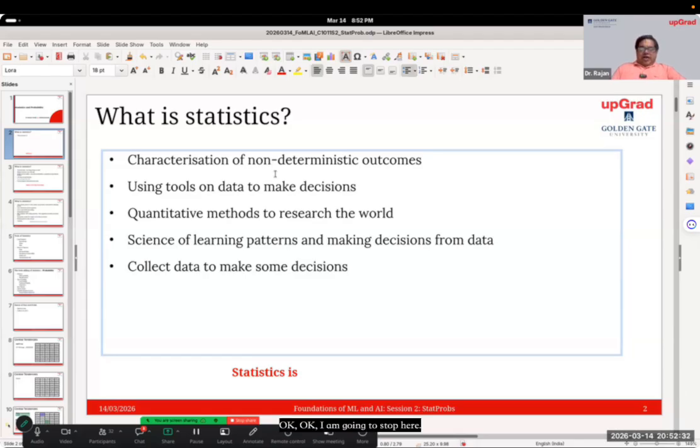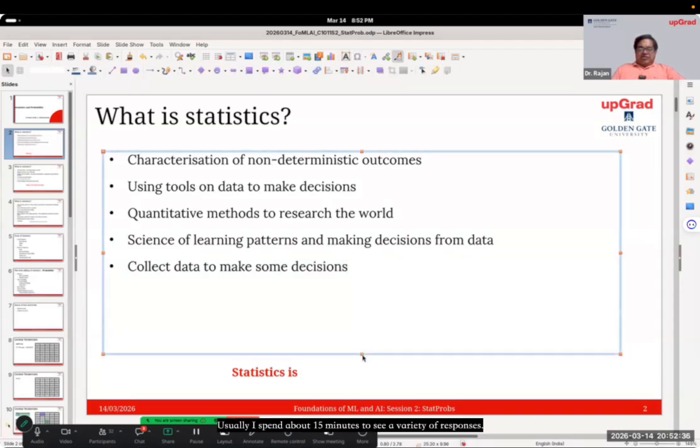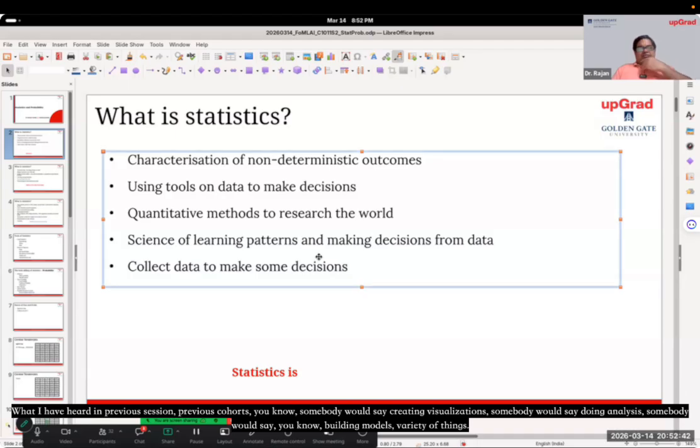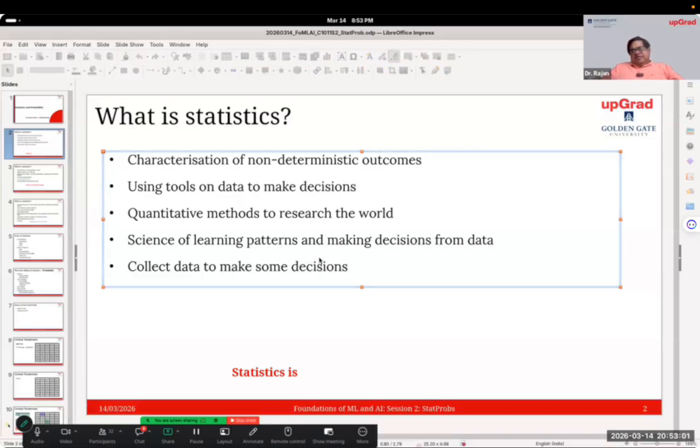Okay, I'm going to stop here. Usually I spend about 15 minutes to see a variety of responses. In previous cohorts, somebody would say creating visualizations, somebody would say doing analysis, somebody would say building models, a variety of things.